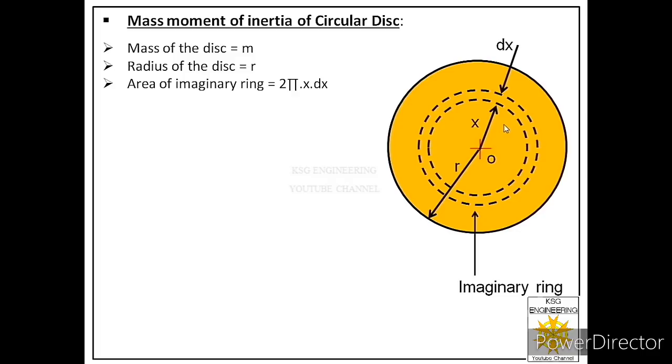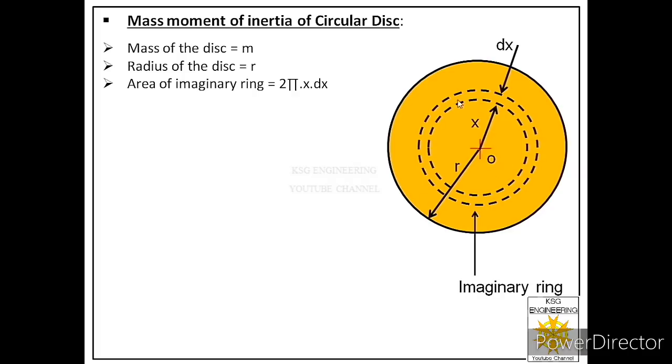So if we have to find the area of this imaginary ring, then we can say it is equal to 2 pi x into dx. So that will be the area of the imaginary ring, 2 pi x dx. Okay, now we will find the mass of this imaginary ring. So how can we find the mass of this imaginary ring?